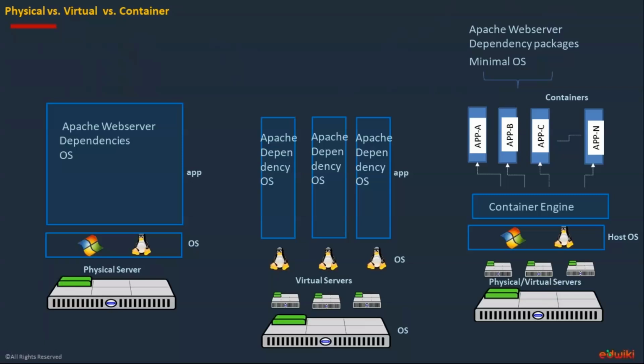That means application A will have its own Apache web server software, dependencies and OS. Application B, in another container, will have its own web server software, dependencies and OS. Application C has its own OS, its own application software and dependencies.